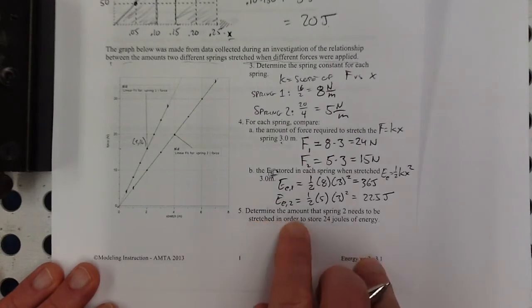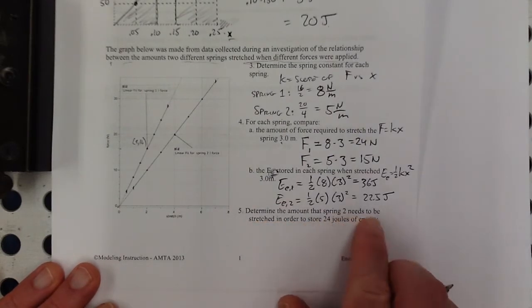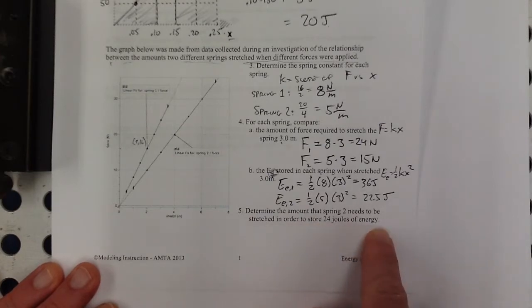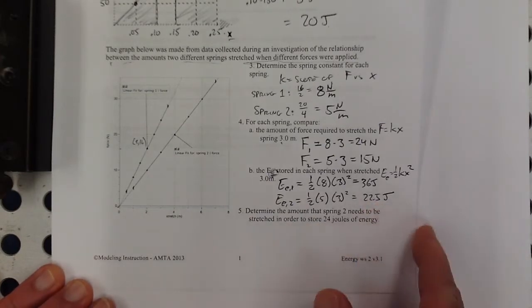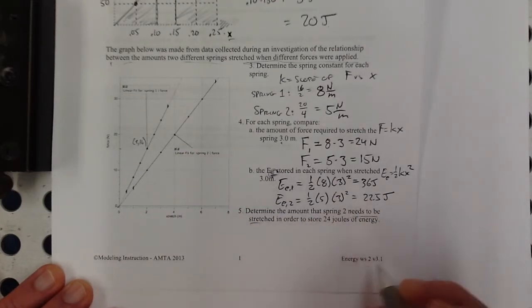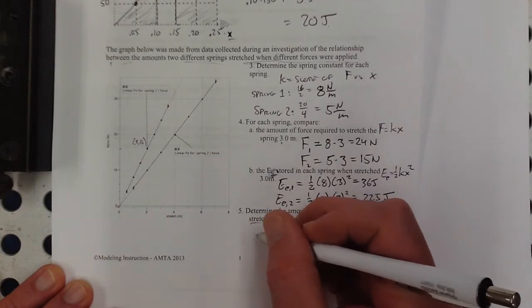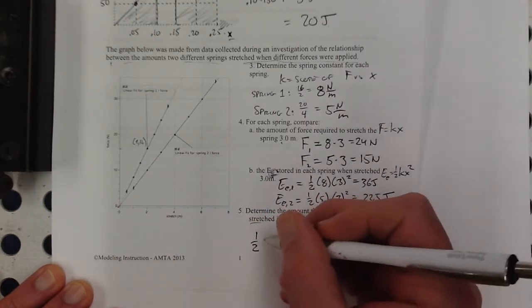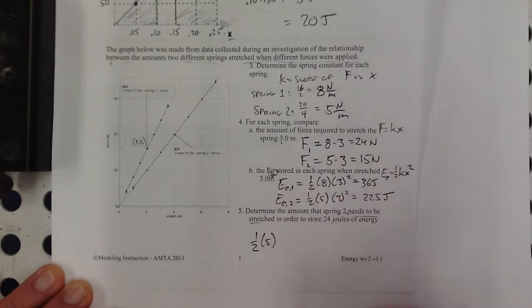5, determine the amount that spring 2 needs to be stretched in order to store 24 joules of energy. So that's just kind of going backwards or solving for a different thing there. Determine the amount of stretch. So that would be 1/2 k, spring 2 is the one with a spring constant of 5.